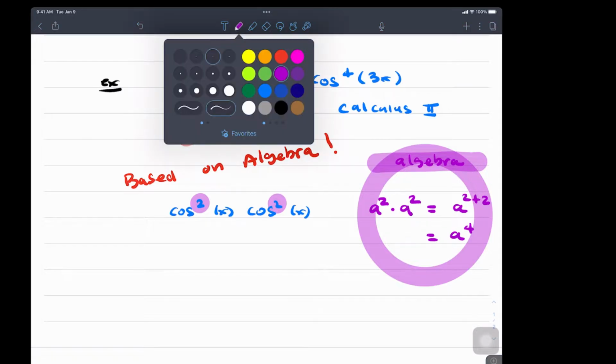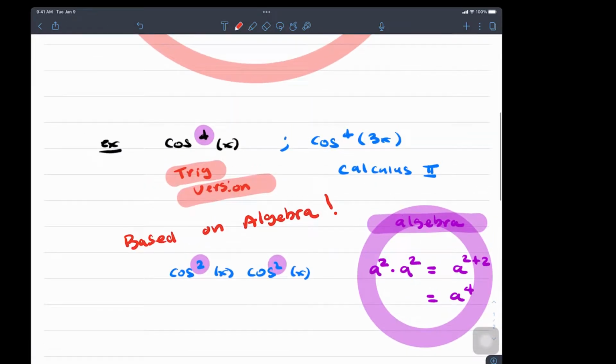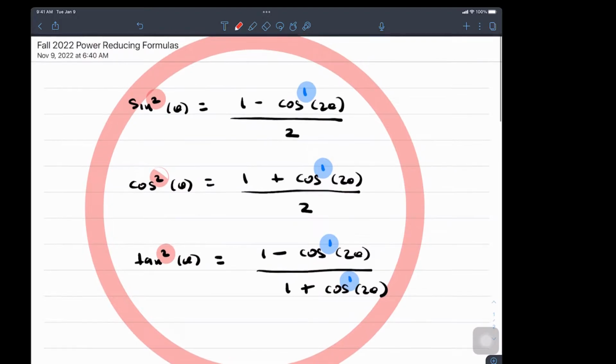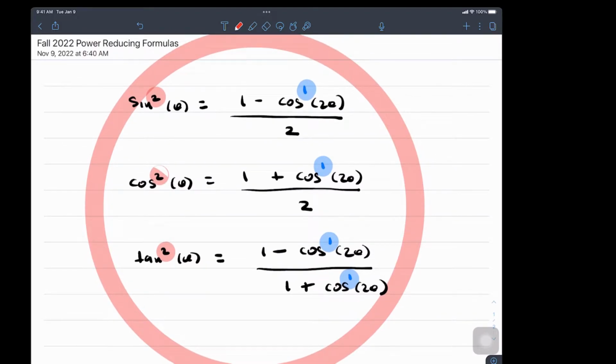Now you might say, what do I do with this? Well, go back and take a look at your power reducing formulas here. You're going to use this cosine squared version. Now, when I use this version personally, I write it this way. I think this is much easier to use, and I'm going to put it below there.